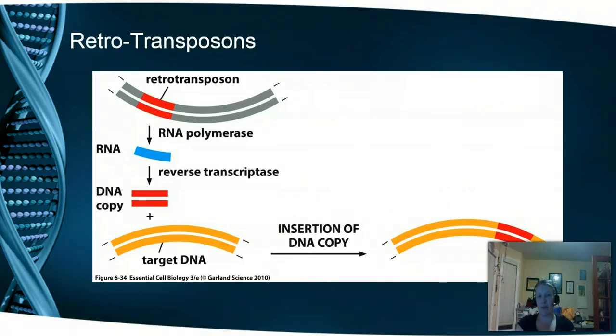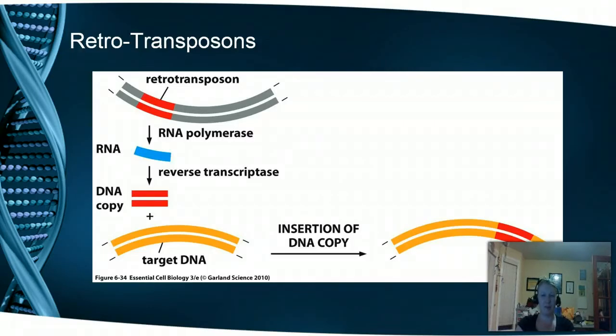Then we have retrotransposons. What retrotransposons do is they form an RNA sequence off of the retrotransposon sequence that's within the DNA. This then uses an enzyme called reverse transcriptase to read that RNA and create a DNA copy that's then inserted into the target DNA. So it's important to understand how that works.